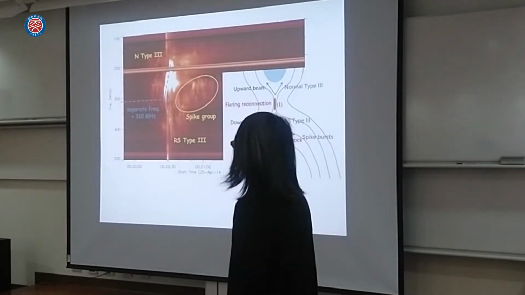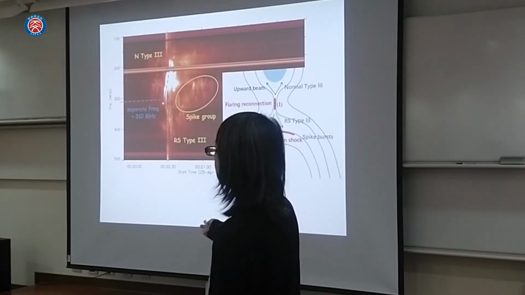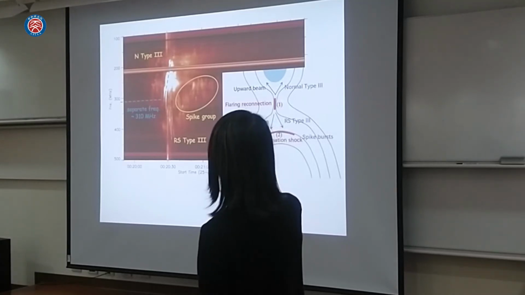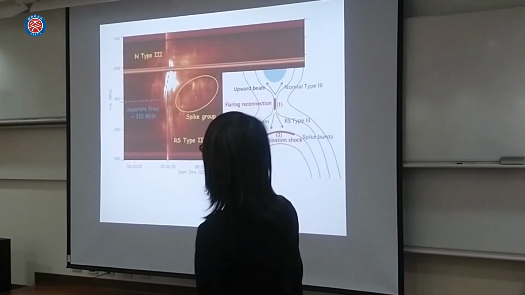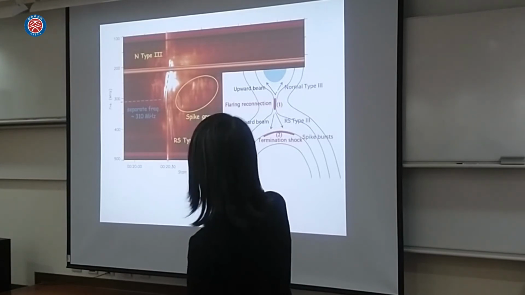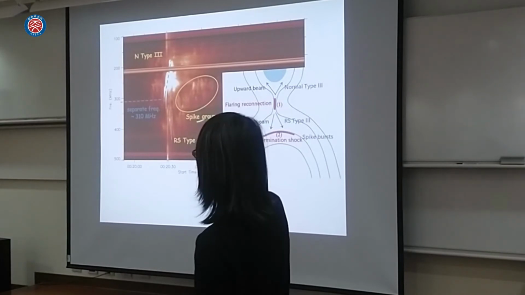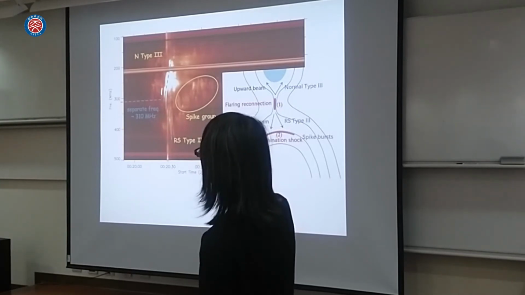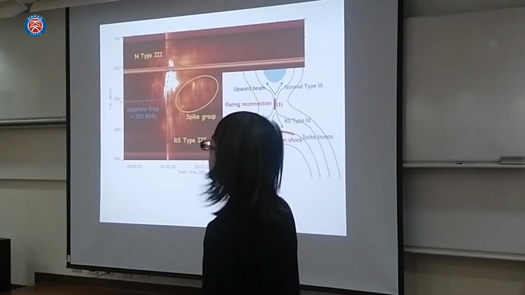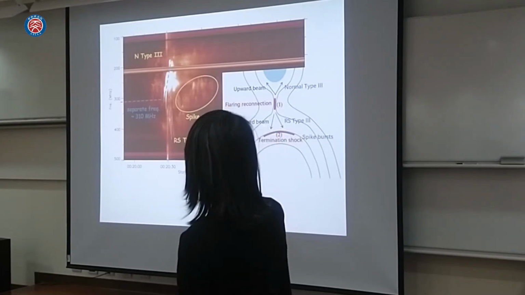We suggest that reconnection occurs here, just near the site of this frequency. Then the upward electron beam causes the normal tapestry, and the downward electron beam causes the reverse tapestry. And how about the spike one? Because the spikes occur just around the tapestry, they should be related to the flare occurrence or the reconnection.